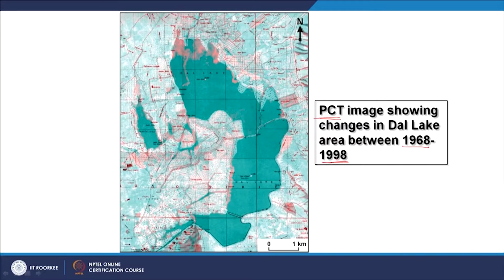There are a few points which one can interpret very easily. In the northern part of this Dal Lake, as you can see here, a lot of red areas are appearing. These red areas are showing the changes which have occurred between 1968 and 1998 in terms of growth of vegetation. As you know, this Dal Lake is quite shallow; the average depth is about 1.1 meter.